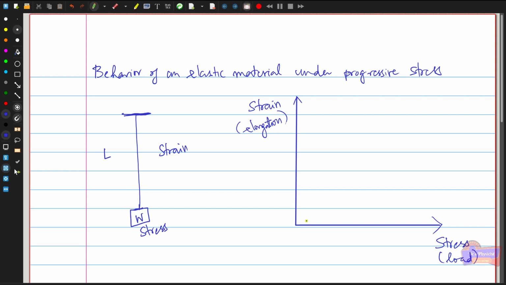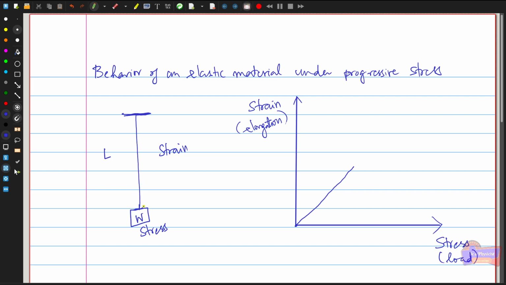For zero weight, the strain is 0, and if I increase the stress, there is a linear relation between the stress and strain. Up to some point, the increase of length is very smooth. Whenever you apply a stress, there is a smooth elongation of the wire.